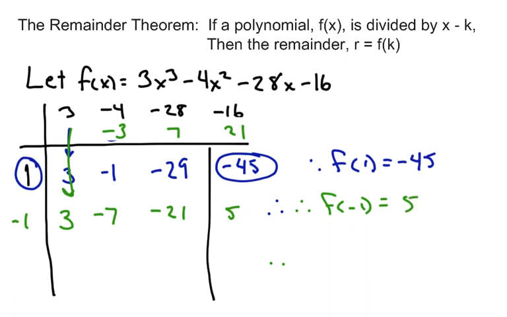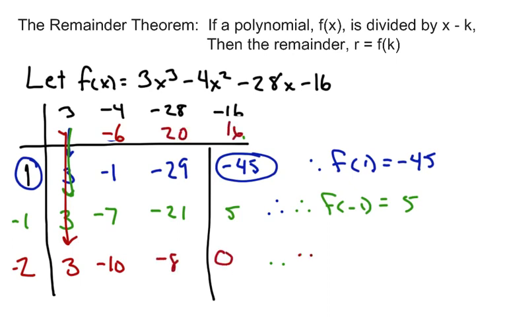Try one more. Let's try negative 2. Bring down the 3. Make some room. So multiply and add. Multiply and add. Multiply and add. Therefore, f of negative 2 is equal to 0.